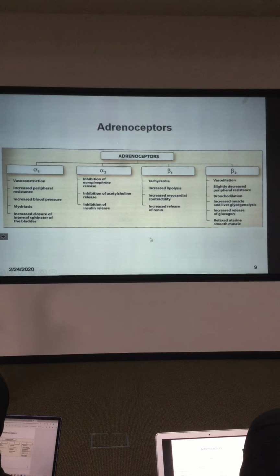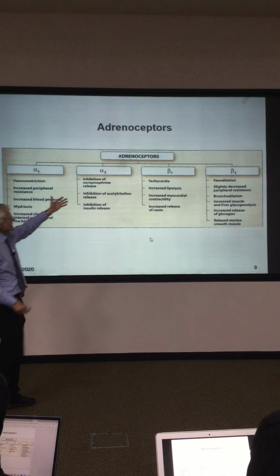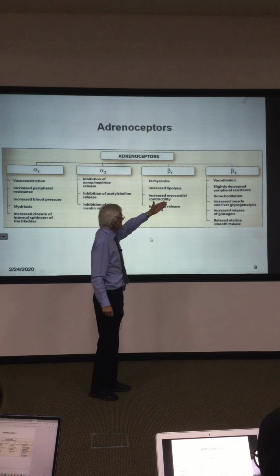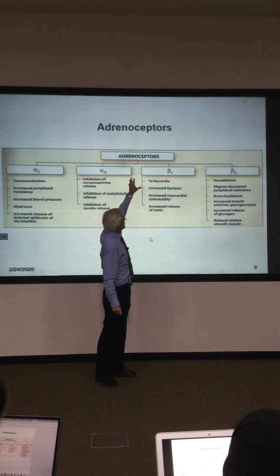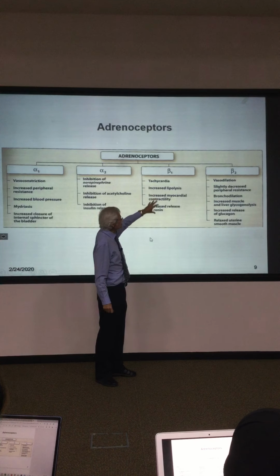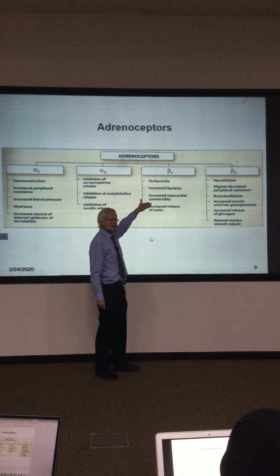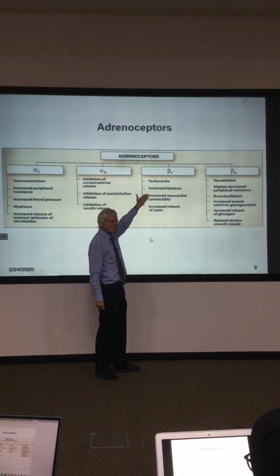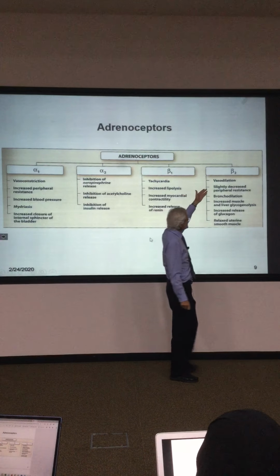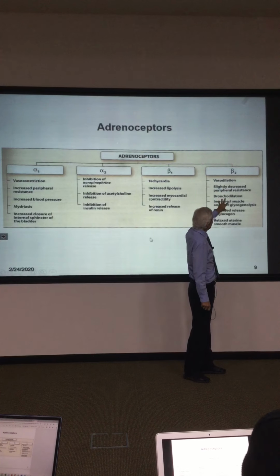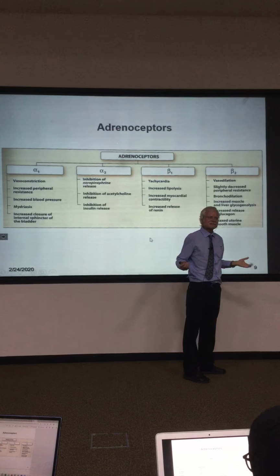And if you just take one example of that, let's say beta 1 and beta 2, you can see that adrenergic stimulation in the heart will cause speeding of the heart and increased contractility, and we know the mechanisms there. Meanwhile, stimulation of beta 2 will produce bronchodilation of the lungs.